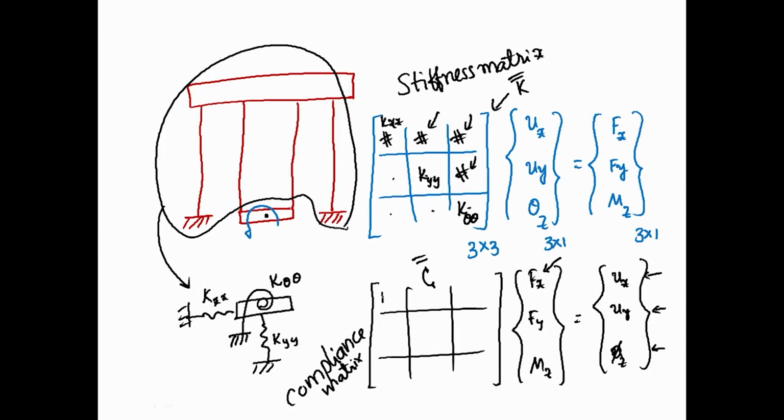So, I will put the displacement I get when I apply force only in the x direction over there, and the y direction displacement I put there, whatever slope I get I put here. When I do that, you see, when I apply force only in the x direction, when I multiply this row with this, I will get ux, because Fy and mz then are 0, I get this value over there.